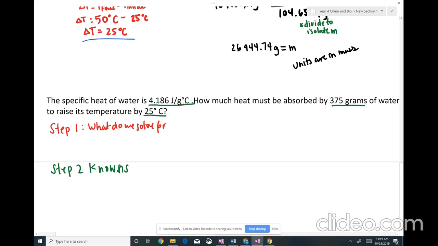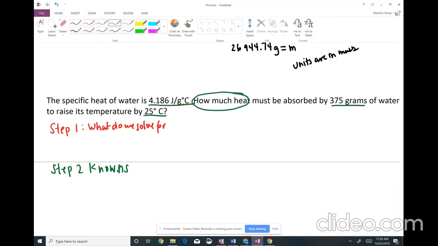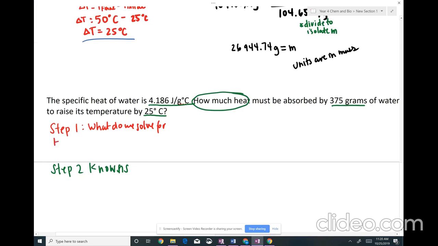And then they ask us how much heat. So how much heat is what we're solving for, and that is going to be our Q variable, because Q stands for heat.